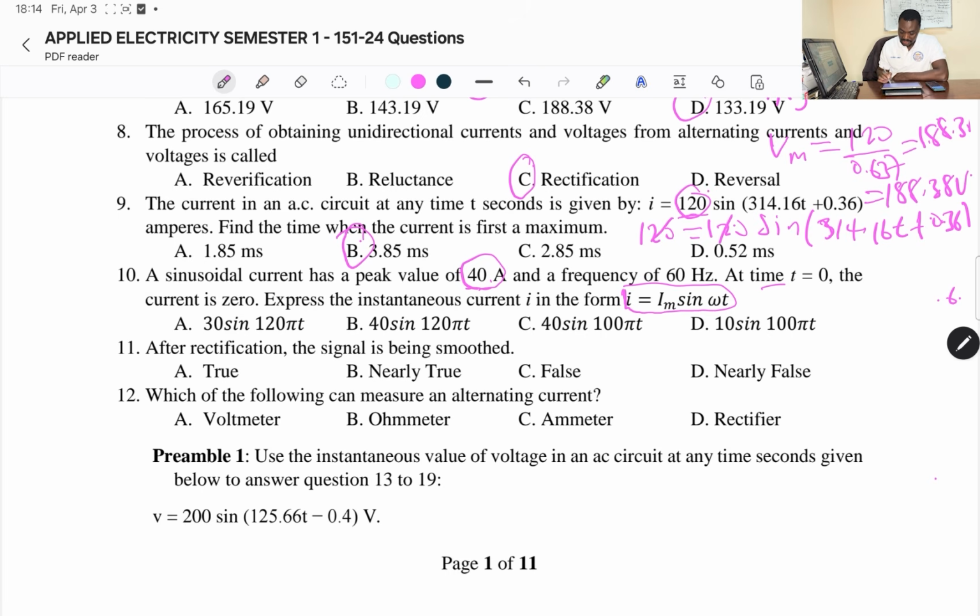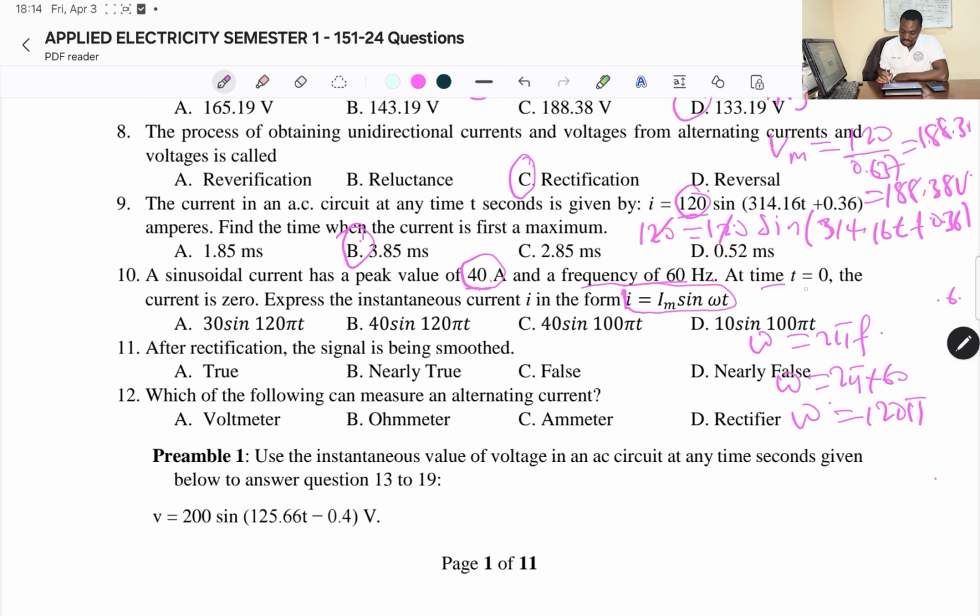The next thing is just to find the angular velocity, and you can see we are given the frequency. So we know that angular velocity is 2 pi times the frequency. So I can write here 2 pi times the frequency, 60. So we get 120 pi.